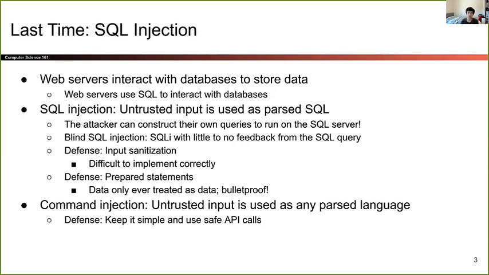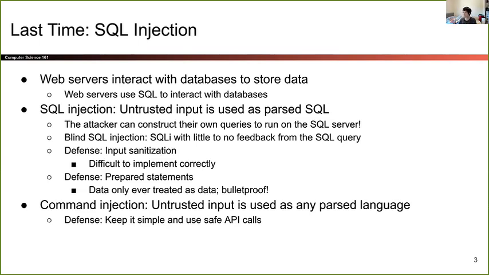If you don't give the attacker any feedback, this is blind SQL injection, which is annoying, but still pretty easy to exploit. Some defenses that we have are input sanitization, so making sure that we don't use dangerous characters or we escape them correctly. But this is difficult to implement, and the bulletproof defense that we talked about is prepared statements, which you should always use because they're pretty much available anywhere.